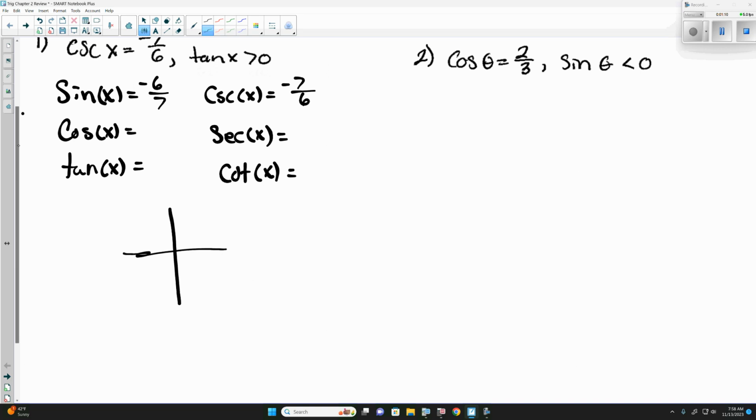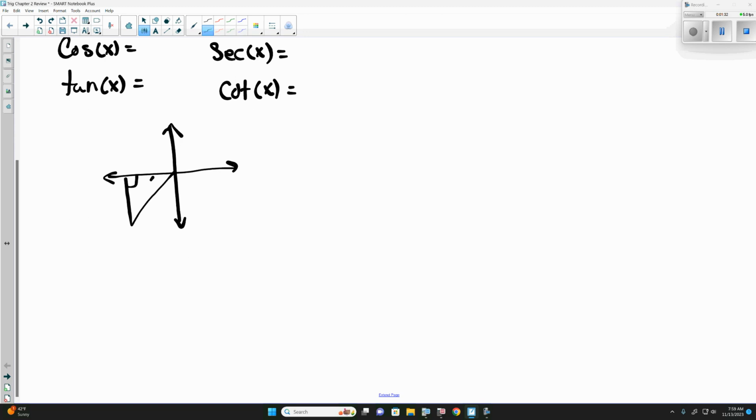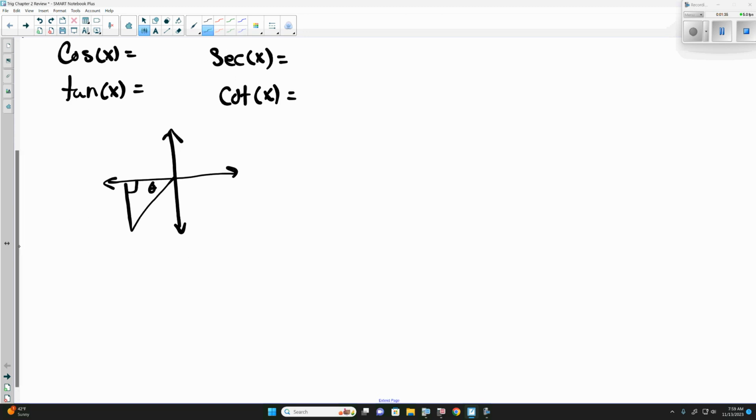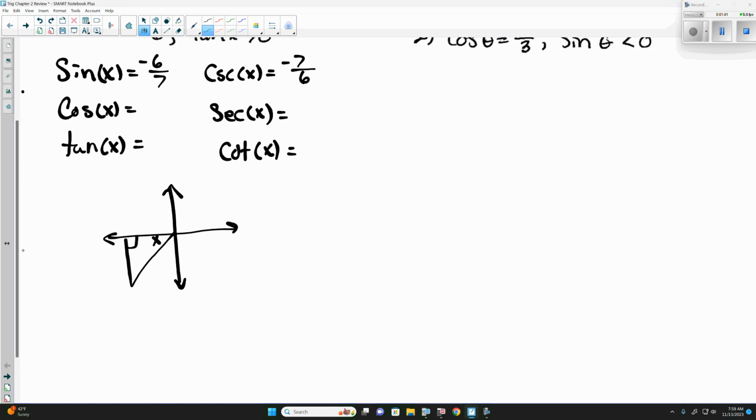Now if I draw out a coordinate plane, like this here. So we're told that tangent of x is greater than 0. So tangent is positive. And the only way that sine can be negative and tangent be positive is if this value of x is in the third quadrant, because tangent is positive in the first and third.